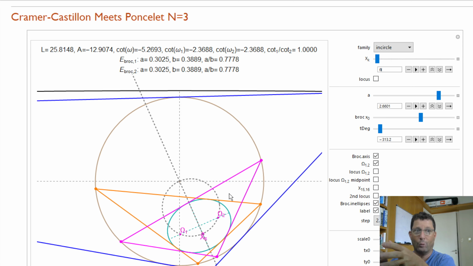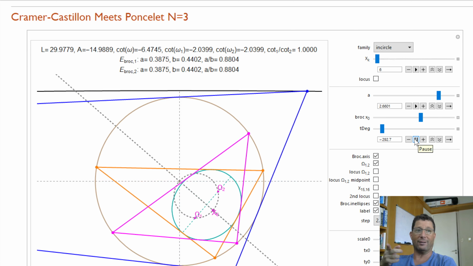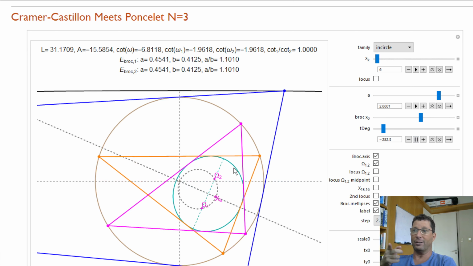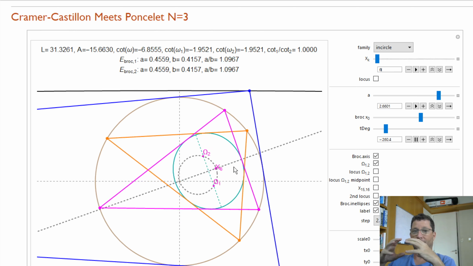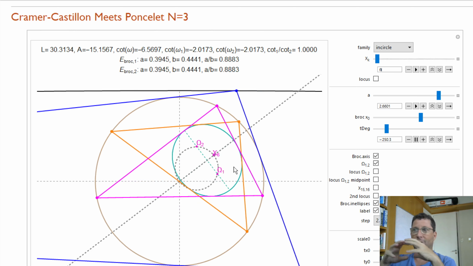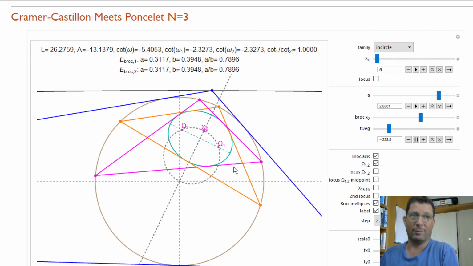These two triangles are just two elements of that porism. And as soon as you move the Poncelet family around, you change the porism, because the aspect ratio of the caustic of the Brocard in ellipse is changing. So instantaneously, the two Cramer-Castillon solutions are members of the same porism, but across the Poncelet family, the porism is actually changing.